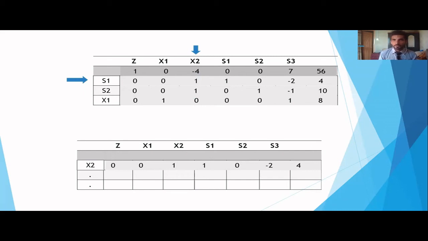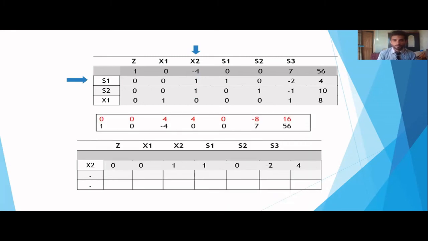We multiply the pivot row by 4 and add it to the objective function row. The sum will be the new objective function. Now we will convert into a 0 the number that appears in the S2 row.